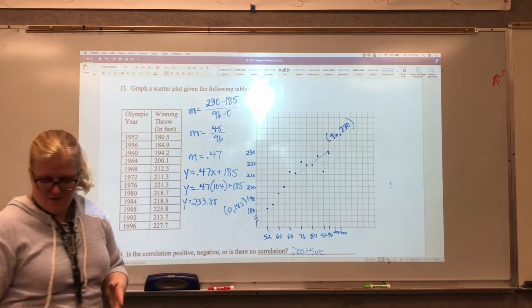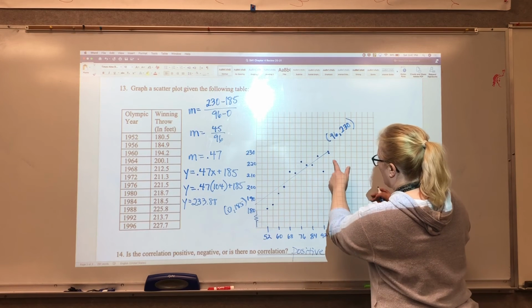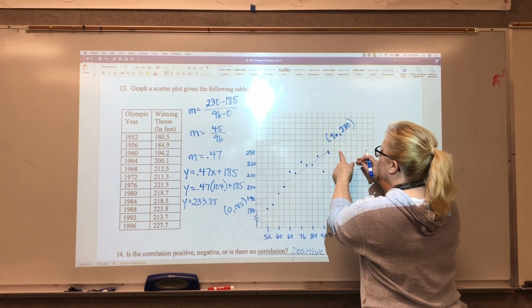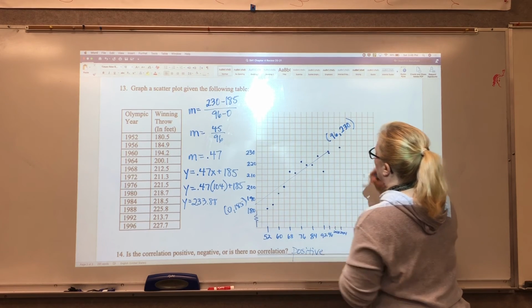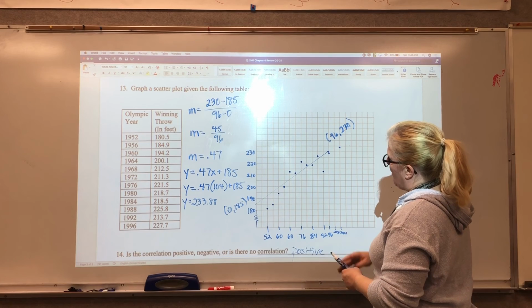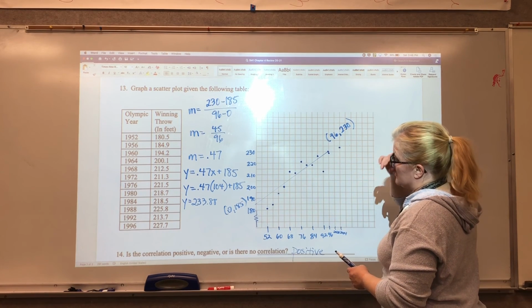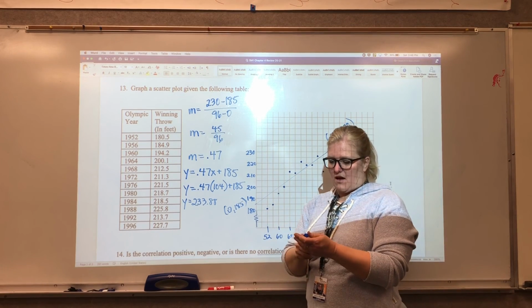So let's look. If this is the year 2000, this one's 2004, it's 233.88. It's going to be about right there. So that's pretty close. And remember, this is the line of best fit, so things still will be not quite exactly on the line.